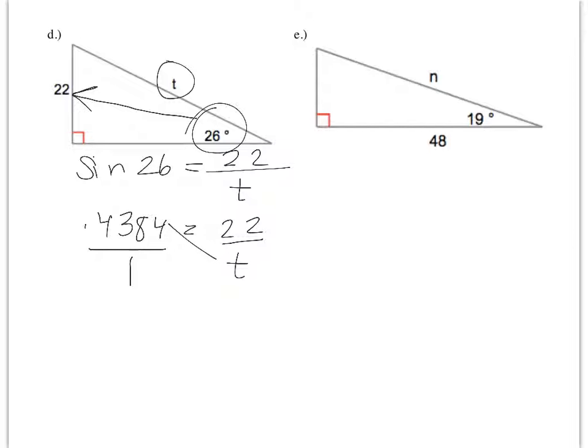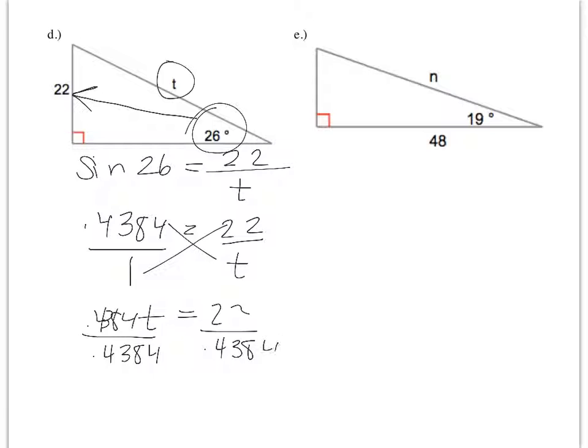So we have 0.4384t is equal to 22, and then just solve for t by dividing by 0.4384 on both sides. So we get that t is equal to 50.2.